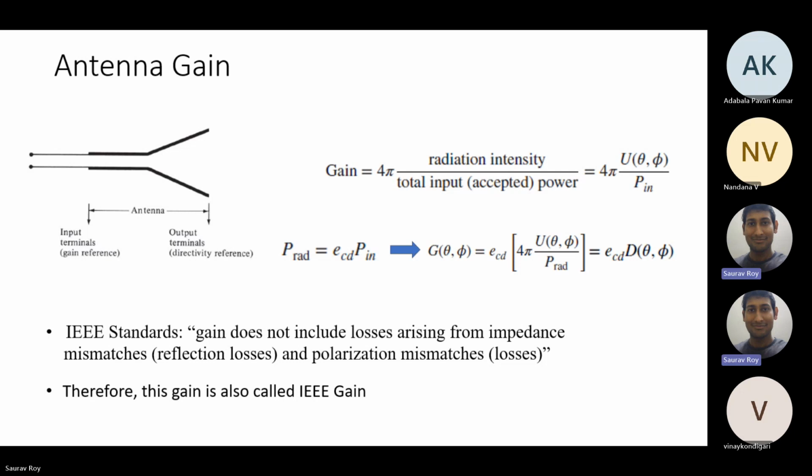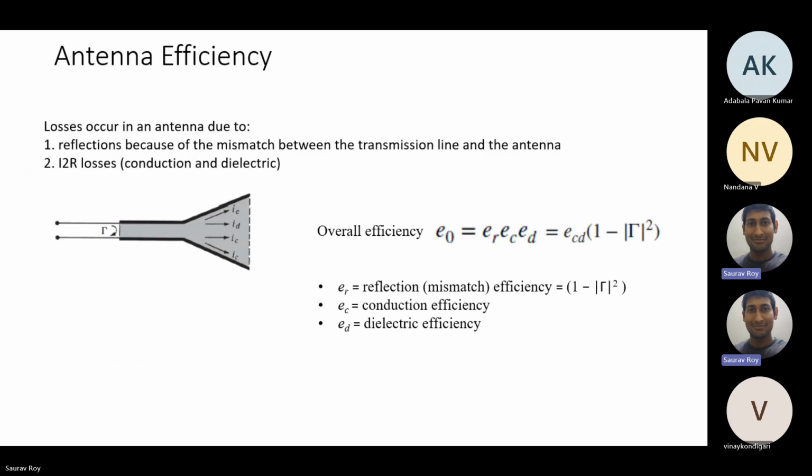So now, there are two particular definitions of gain which are important or relevant. The first one is called gain or IEEE gain. Why IEEE gain? Because IEEE standards define this gain. Now you come back to here. Here you see there are other kinds of losses other than the conductive dielectric loss, the gamma loss or the losses due to reflection.